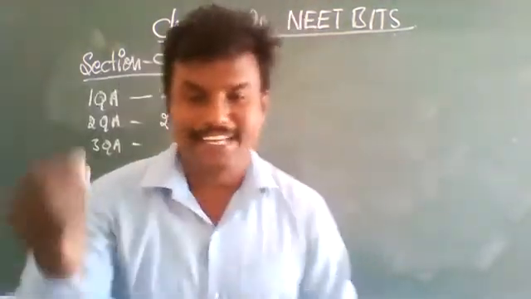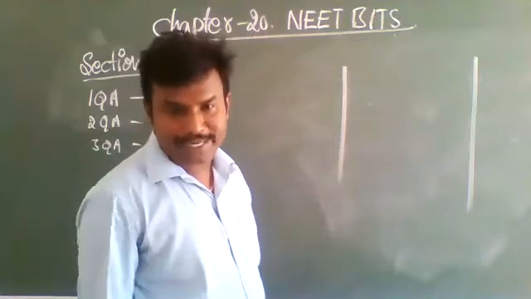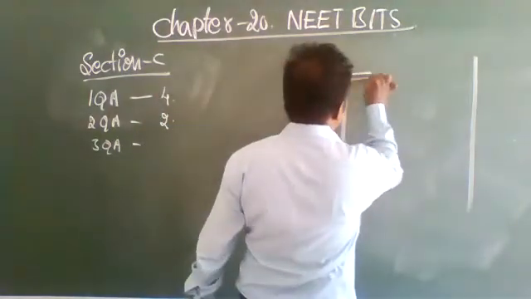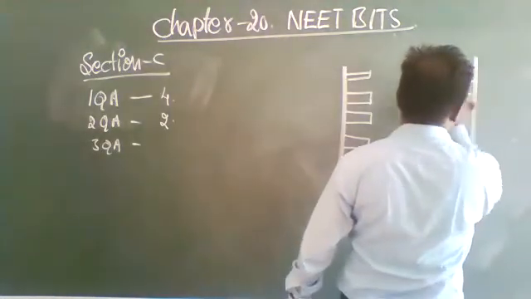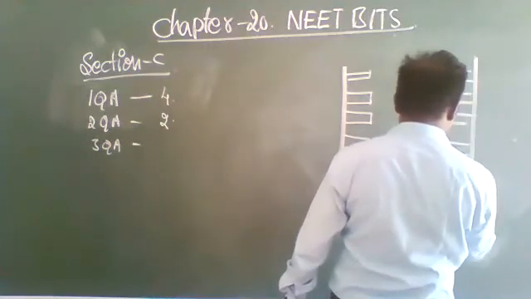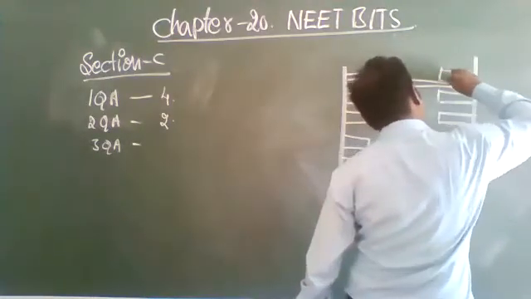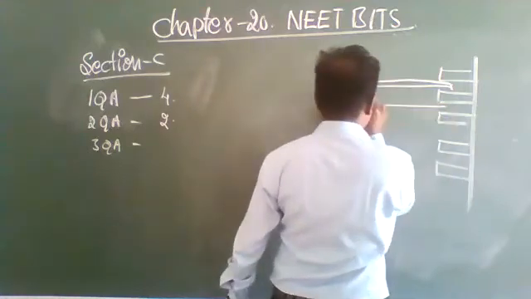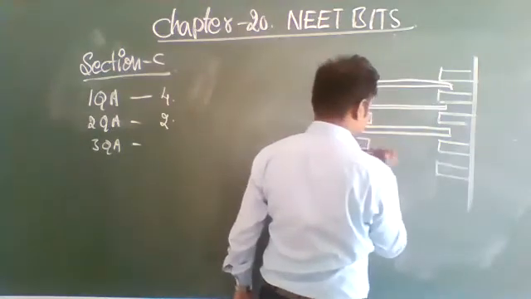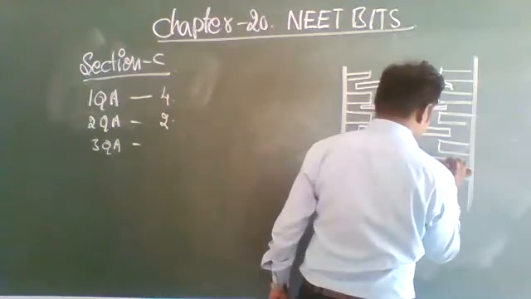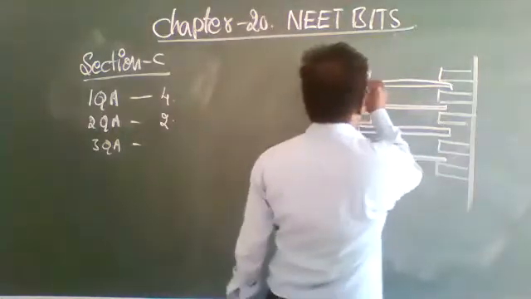Now I will draw, then you will get to know that. In textbook page number 305, the diagram I am drawing in a simple way. Okay, so this is actin, this is myosin.